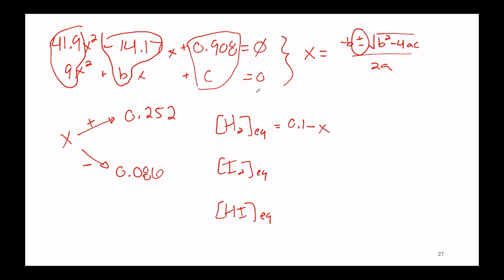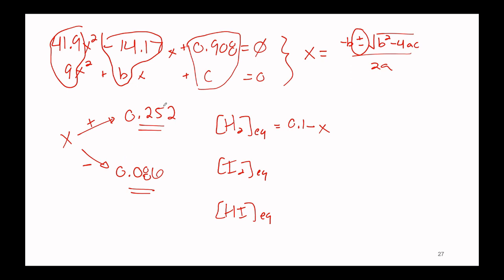Well, all we have to do now is observe our two solutions and ask the question, which one of these two gives us a reasonable answer? The first solution, the 0.252, if we were to plug that in for x, would give us a negative concentration, which doesn't make any sense in the context of reversible reactions. Negative signs here don't tell us direction. A negative concentration is meaningless.